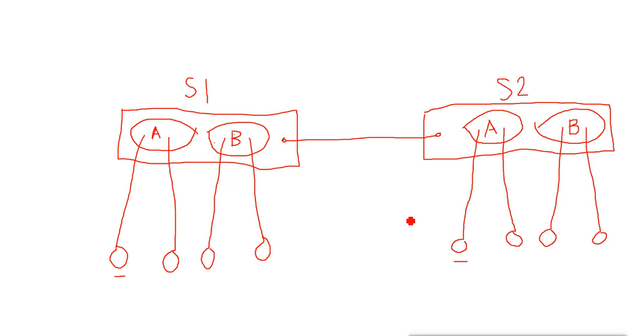Now why? The first reason is this port in this switch, which we connect to the other switch, they both don't belong to VLAN A or VLAN B. They don't belong to any of those VLANs.